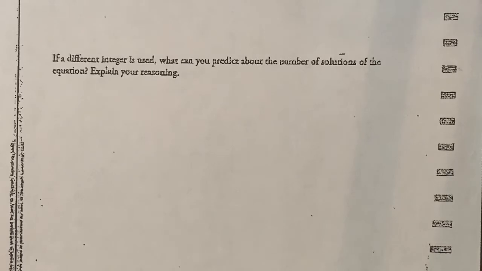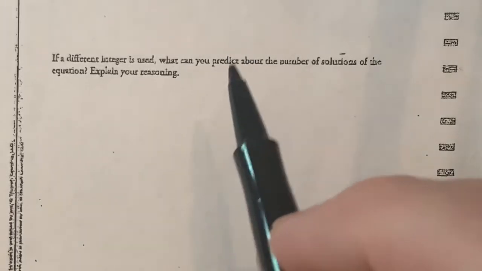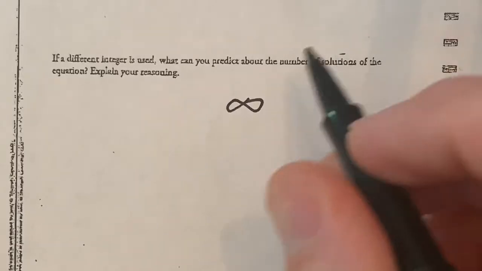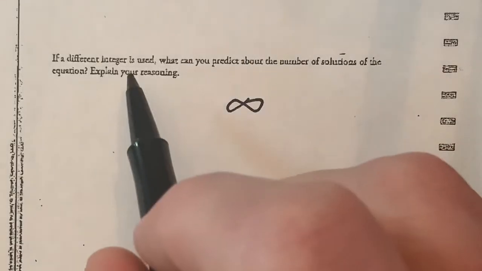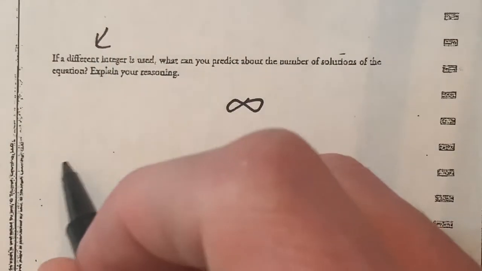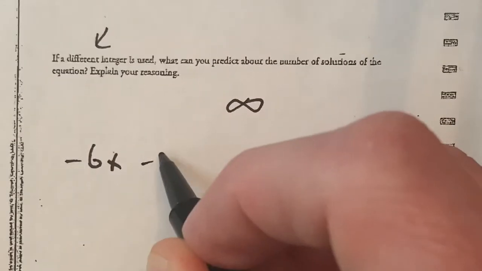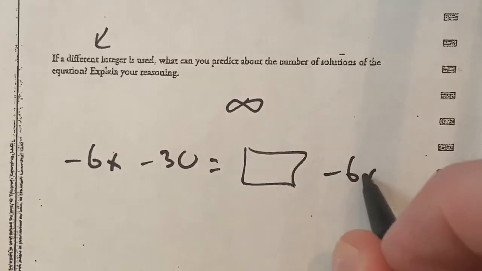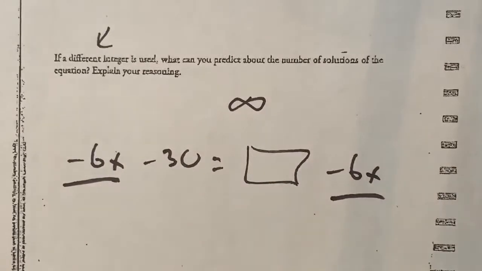Explain your reasoning. Okay, so before, remember, we tried to pick that number that would make infinite solutions, right? So hopefully you got that number. Now, if you pick any other number, you're going to have negative 6x - 30 = some number - 6x. So what's going to happen to your 6x's?